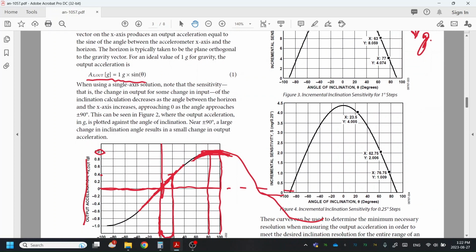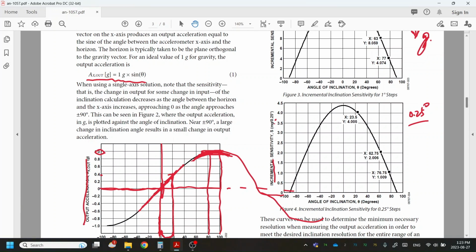This is a similar plot for 0.25 degree increments. These are very small increments. Same as before, we have the inclination angle you want to measure, and the output incremental sensitivity in milli-G per 0.25 degrees.